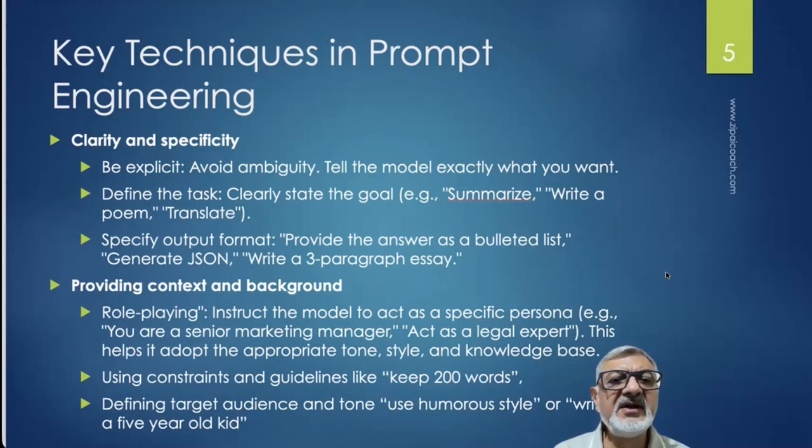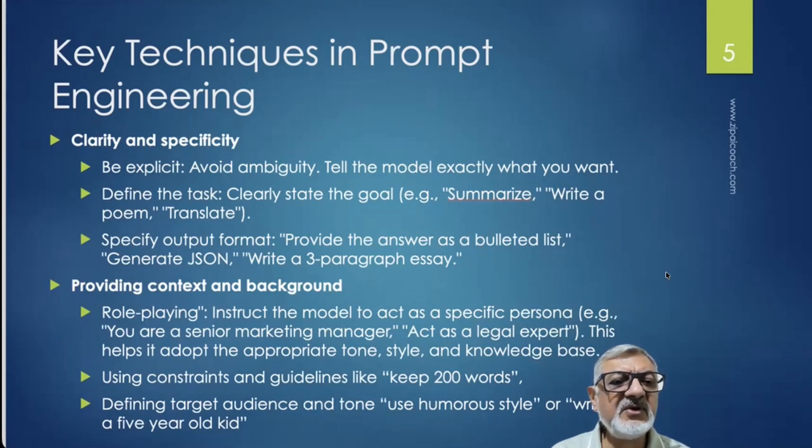We have to tell it to give the response in the form of a bulleted list, or code, or a paragraph, or an essay. Providing context and background is very important. We have to tell the model to give a response as if it's a marketing manager or a legal person writing that output. So we can basically create styles or make the model act as an expert.